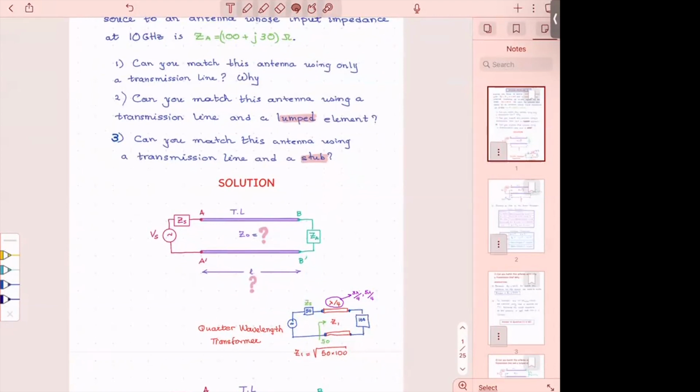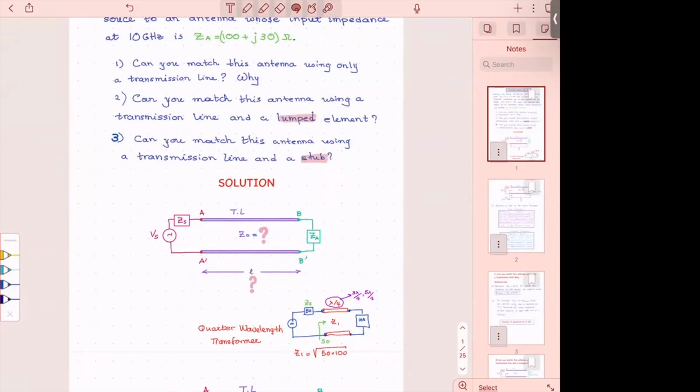The only distributed network we have seen that has only one section of a transmission line is the quarter wavelength transformer. Remember that. Very important matching component. We use it extensively everywhere.